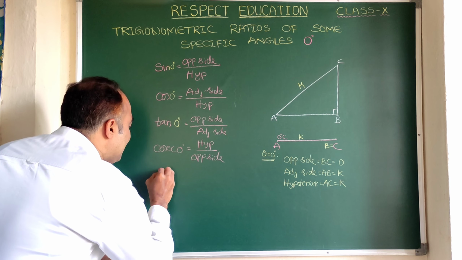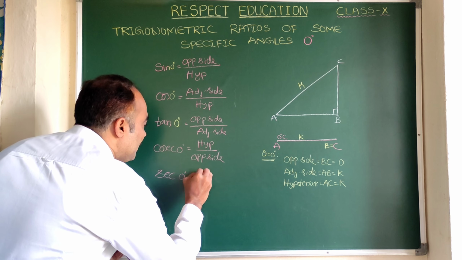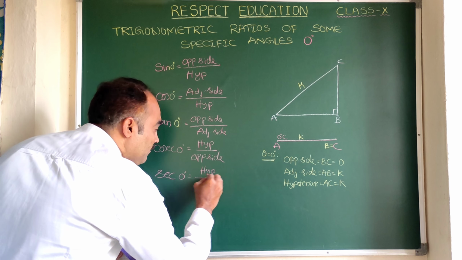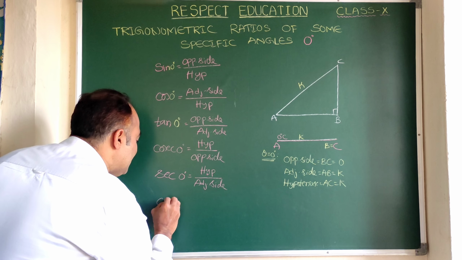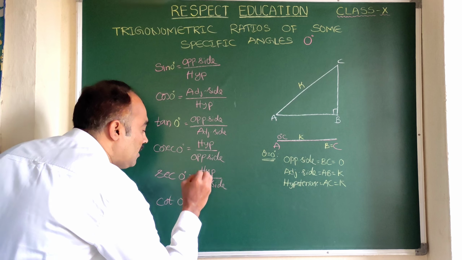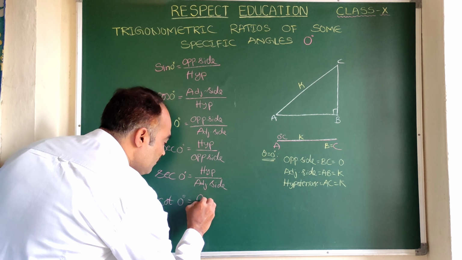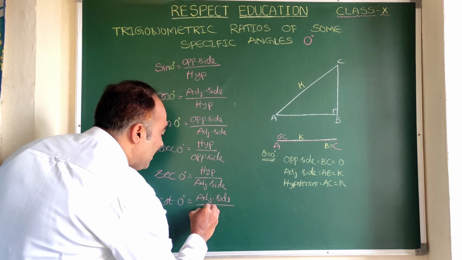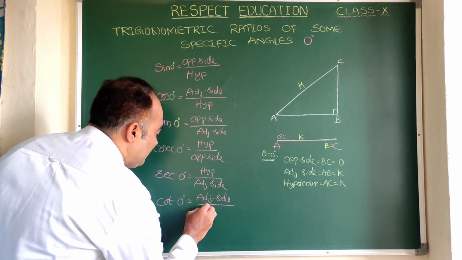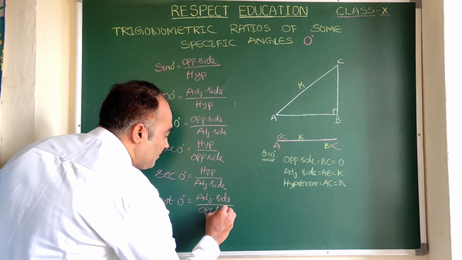Same way, secant 0 degrees, hypotenuse by adjacent side to theta. And last one, that is cot theta, means cot 0 degrees equal to adjacent side to theta by opposite side to theta.